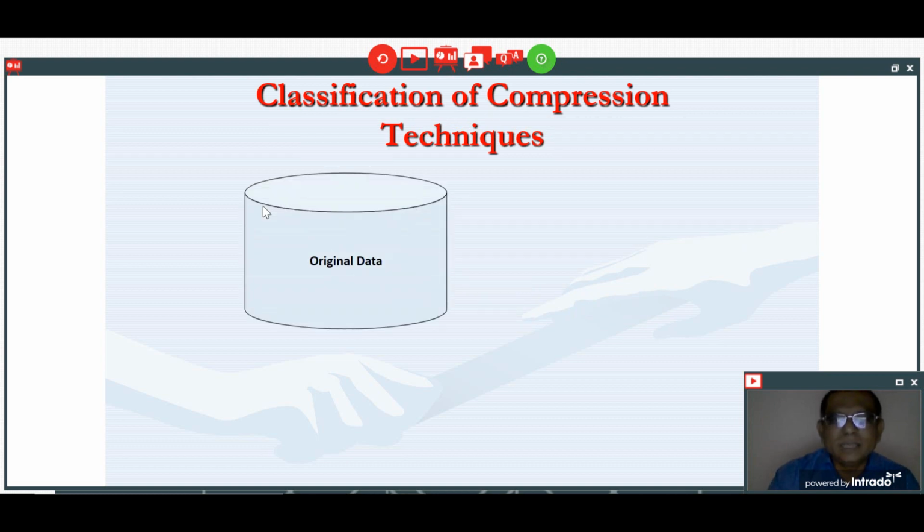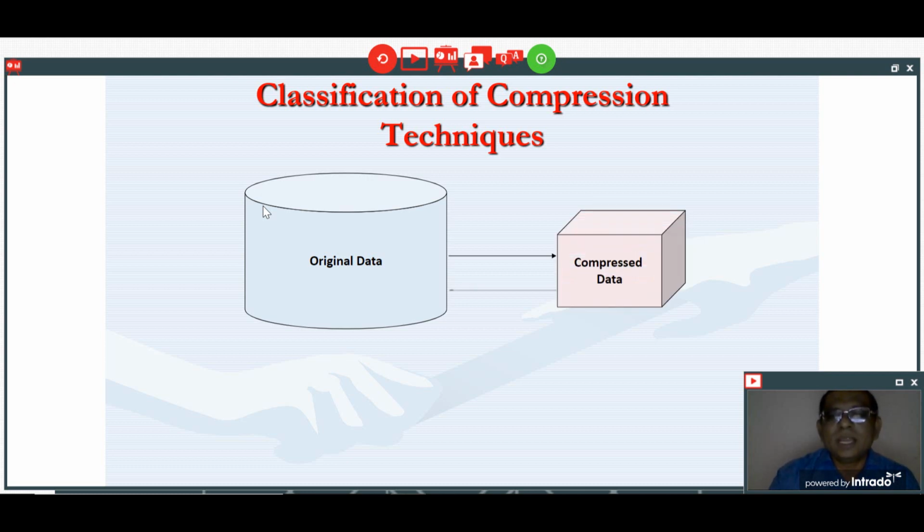This picture shows the difference between two different classes of compression. One we call lossless and the other one is lossy. See here we have original data. We are doing some compression in order to get the compressed bit stream. From the compressed bit stream, if we are able to get the original data exactly, then it is called lossless compression.